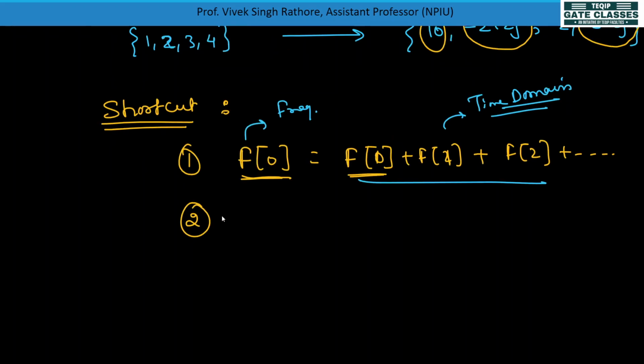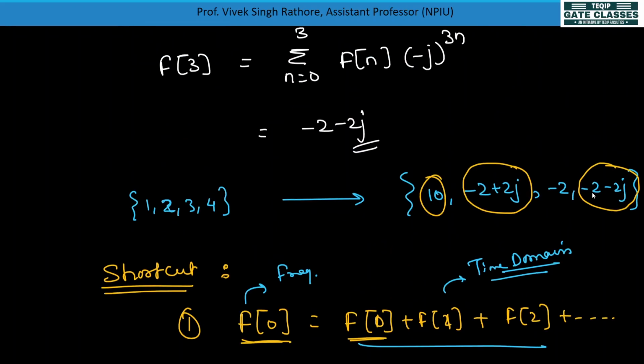So the second conclusion we can observe is that f of k is equal to f conjugate of n minus k. If you observe here, this was your f of 0, this was f of 1, f of 2, f of 3. So f of 1 is nothing but f conjugate of n minus k.